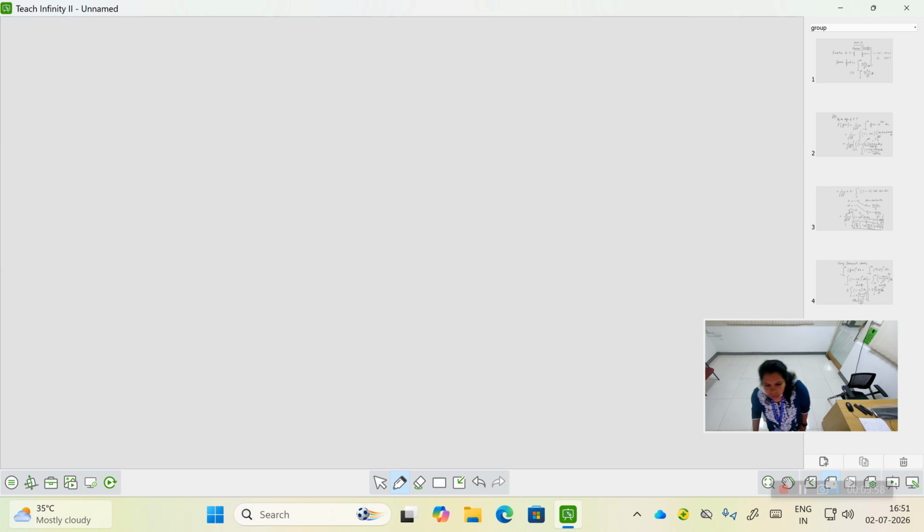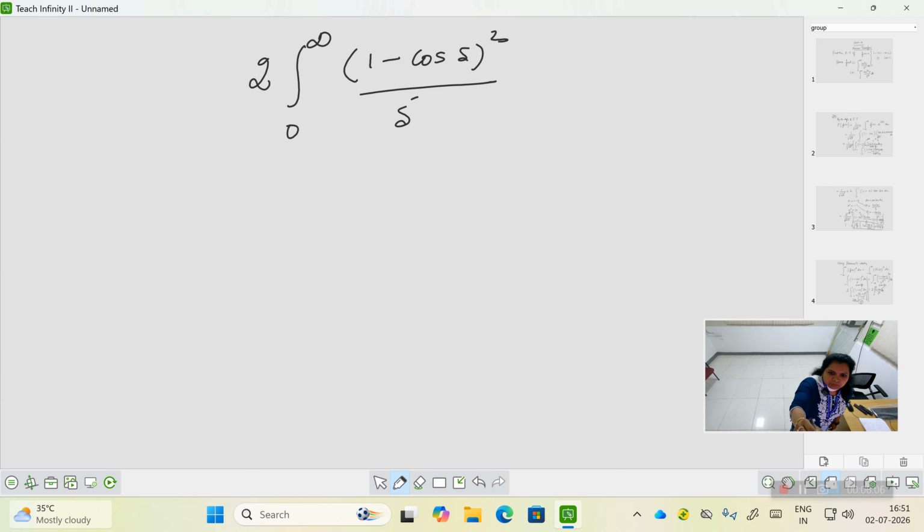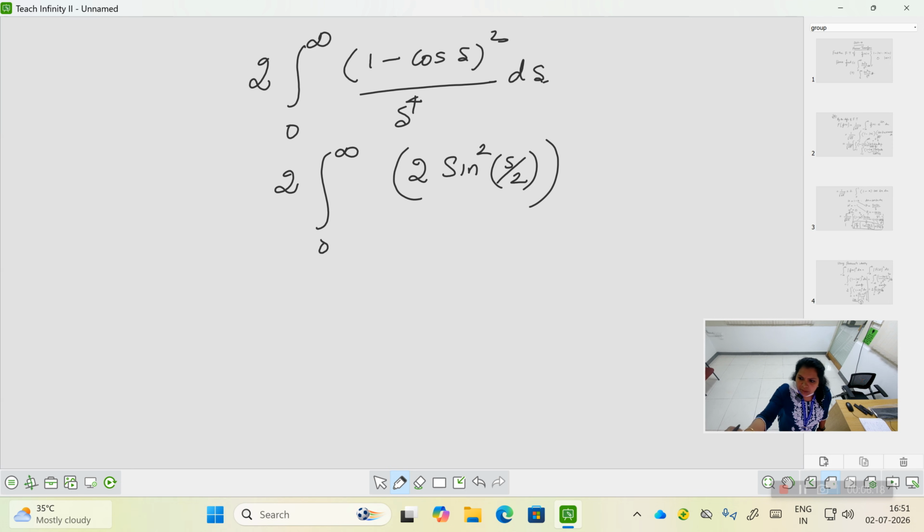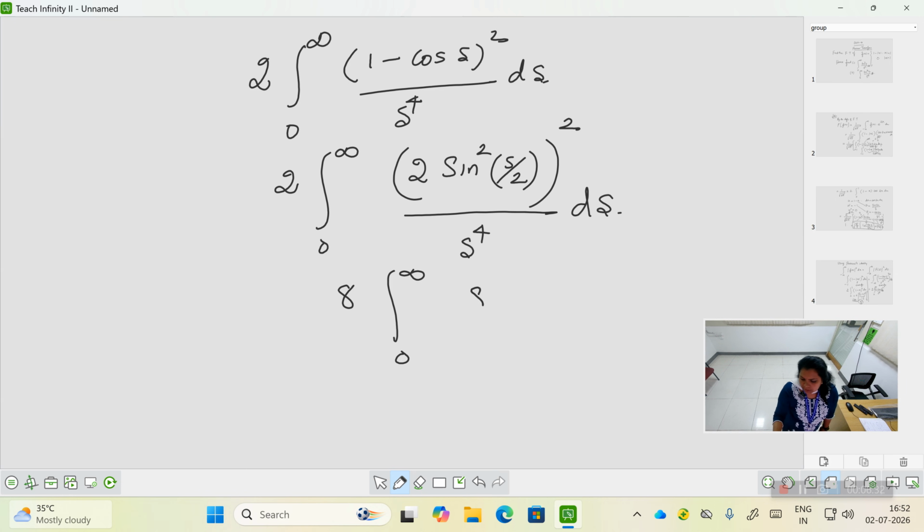We know the trigonometric formula: 1 − cos s = 2 sin²(s/2). So multiply the terms, 2² is 4, you take 8 times the integral from 0 to infinity of sin⁴(s/2) / s⁴ ds.